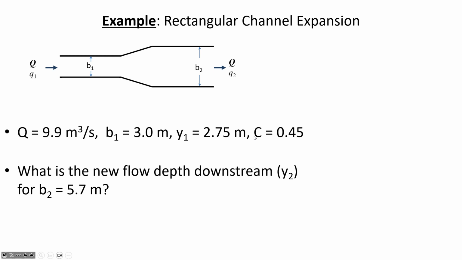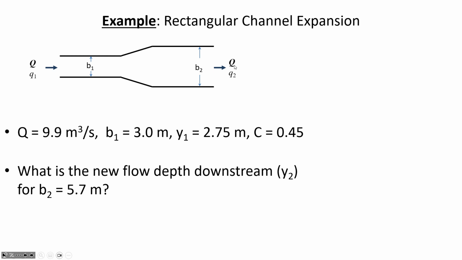And so the new change in depth partly reflects the fact that the flow per unit width is different. The flow per unit width is lower than it was before because we have the same flow rate Q, big Q, in the narrow section and in the wide section.